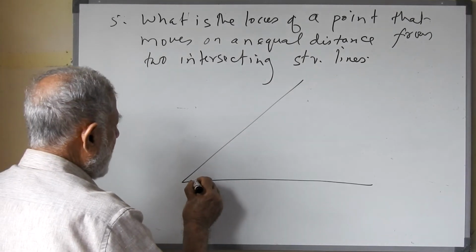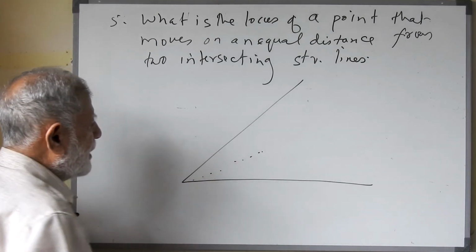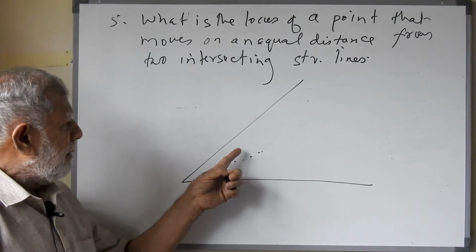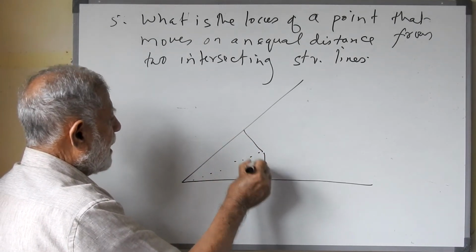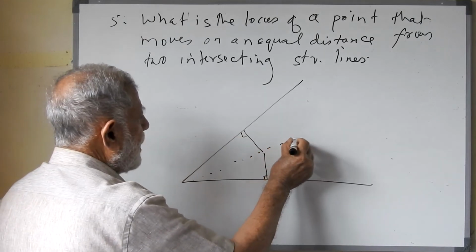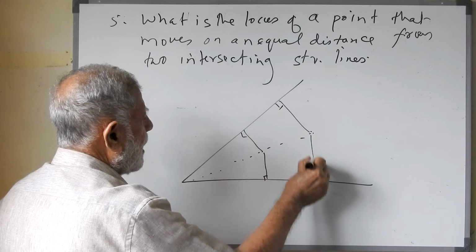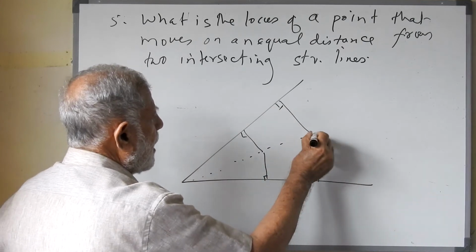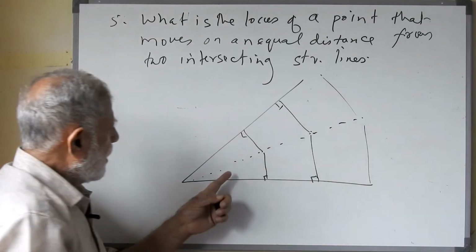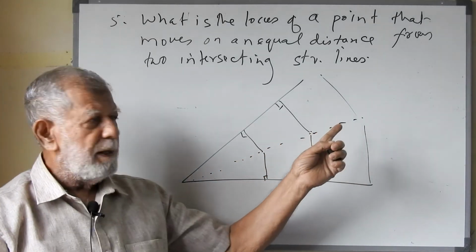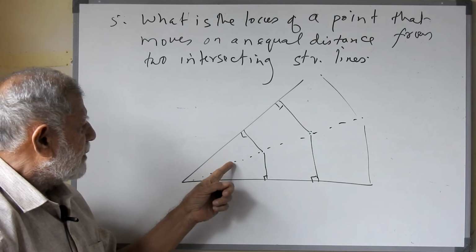So we can guess the points like this. Now here, distance from two lines means it should be the perpendicular distance. Everywhere the perpendicular distance should be same. If you take another point here, the perpendicular distance should be same. Another point here, perpendicular distance. So when you observe this line, you will notice that it is the angle bisector of this angle.